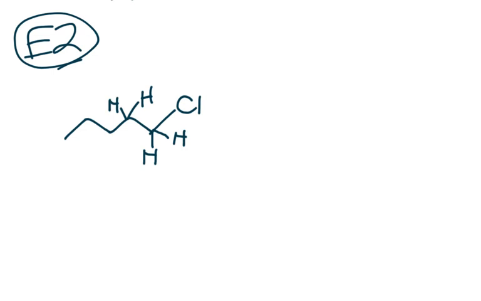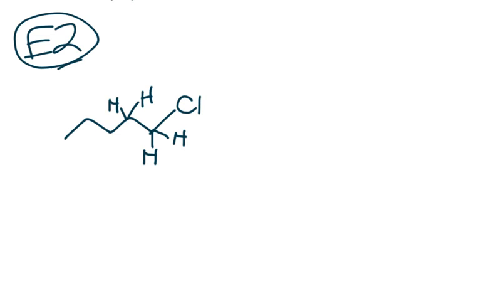The other carbons also have hydrogens, we're just not going to draw them out. Okay, and then we're going to have our base. And this base, or this nucleophile, it's going to have to be really big and kind of bulky, because what we're trying to do is avoid doing SN2. And in order to do SN2, you have to get in here, right? So we want to create some steric hindrance.